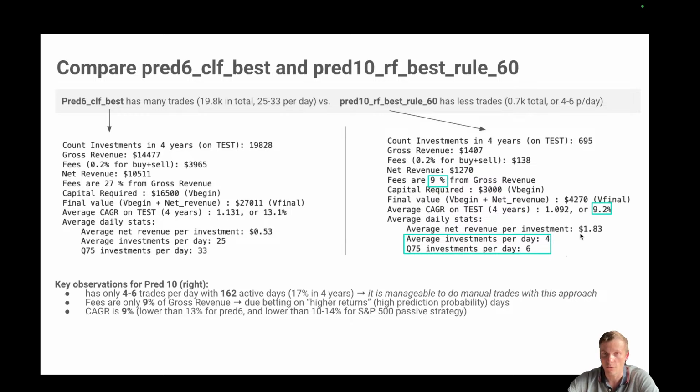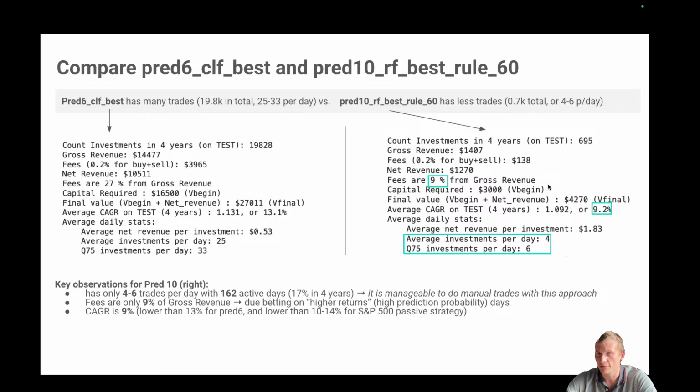For 695 cases, we know that we need less capital to maintain this strategy. If it predicts that we need to invest today, because it predicts very rarely, it says usually not more than 4 to 6 stocks out of 33 to invest. That's why capital required is just 3,000. This is 6 multiplied by 5 days, it is 30 multiplied by 100.